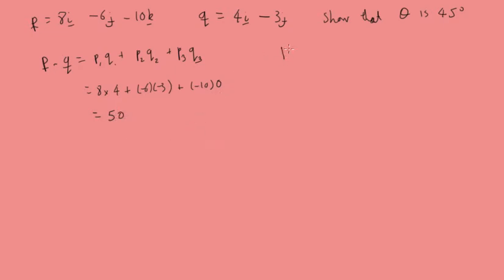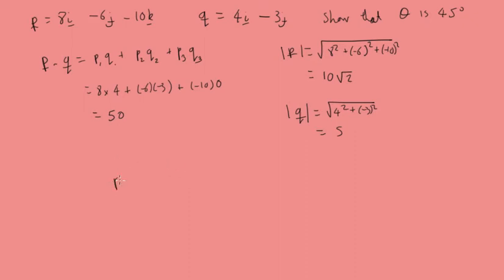Now we need to find the magnitude of P. So that's going to be 8 squared plus minus 6 squared plus minus 10 squared, which gives us 10 root 2. And now the magnitude of Q, which is going to be 4 squared plus minus 3 squared, which gives us 5.